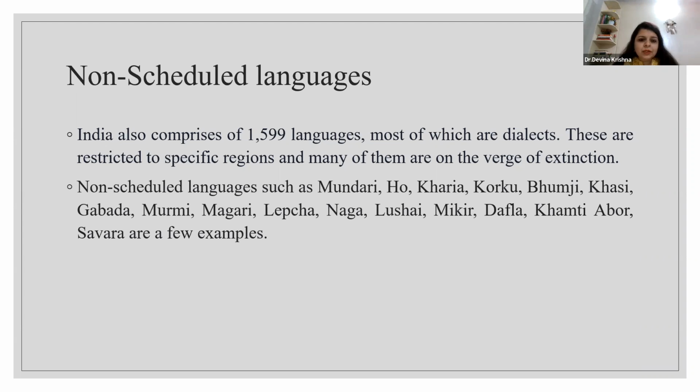There is a kind of linguistic apartheid which is taking place. And we have non-scheduled languages such as Mundari, Ho, Khariya, Korku, Bhumji, Khasi, Gabda, Murmi, Magara, Lepcha, Naga, Lushai, Mikir, Dafla, Khamti, Ebor, Savara. These are a few examples of the languages which are not in the scheduled group.